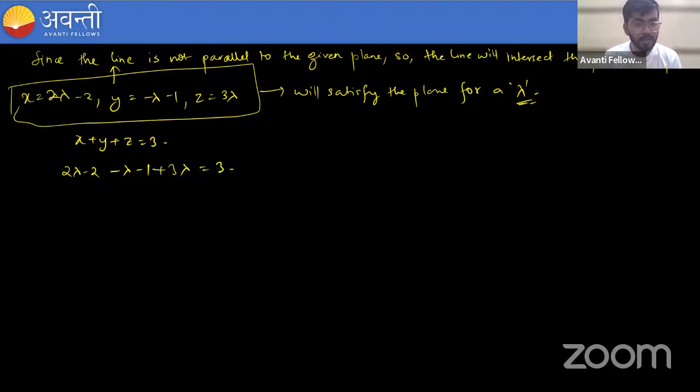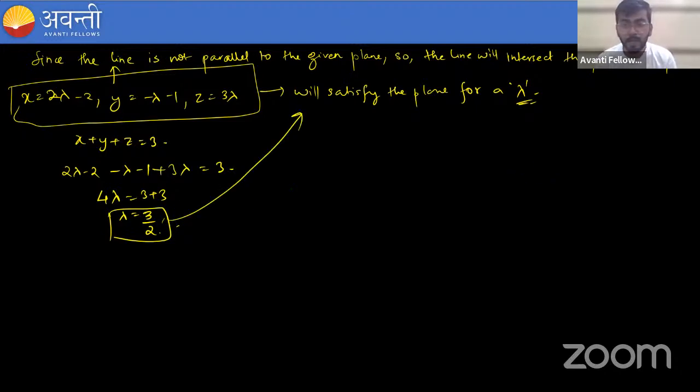So here you will get 2 lambda minus lambda plus 3 lambda, so 4 lambda equals 3 plus 3. So lambda will come out to be 3 by 2. For lambda equals 3 by 2, this line will satisfy the plane and we will get the point of intersection. Therefore, x will be 2 into 3 by 2 minus 2, which is 3 minus 2, 1. y will be minus 3 by 2 minus 1, which is minus 5 by 2.